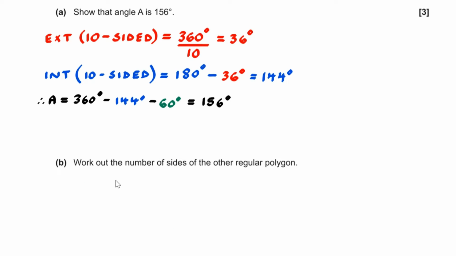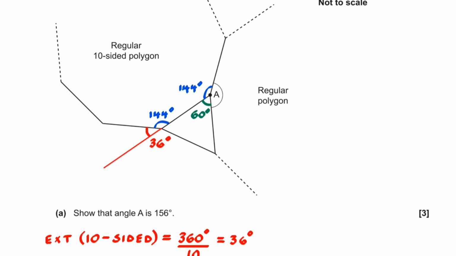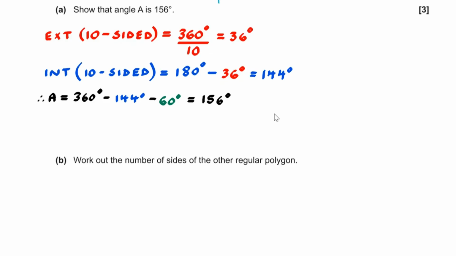For part B, we have to work out the number of sides of the other regular polygon. Now, the way we can approach this question is to think, well, if we have an angle of 156 degrees, we can extend this line to find out the exterior angle of that regular polygon.